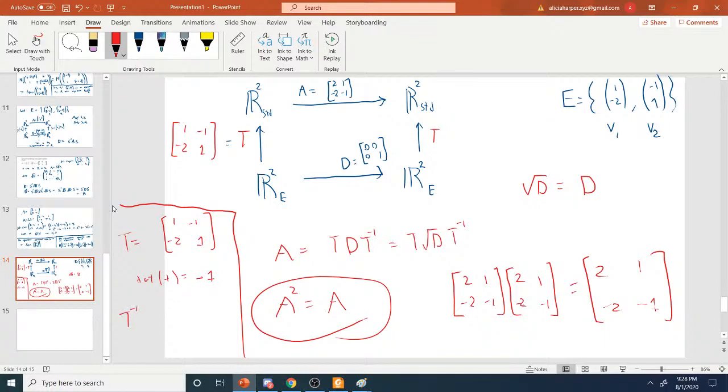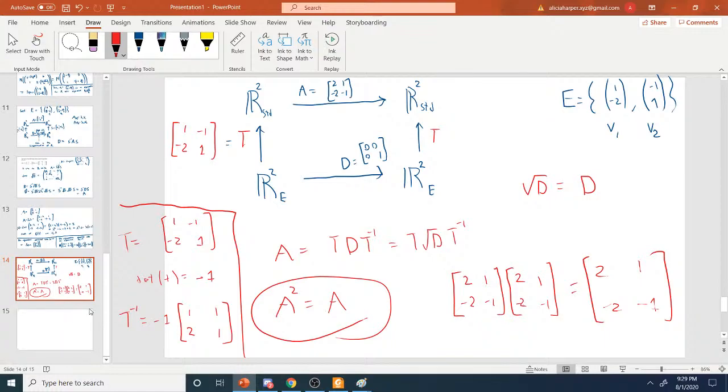So T inverse is equal to -1 times the following matrix. 2, 1, 1, 1. Let me sanity check myself on this really quickly. Yeah, this is correct.